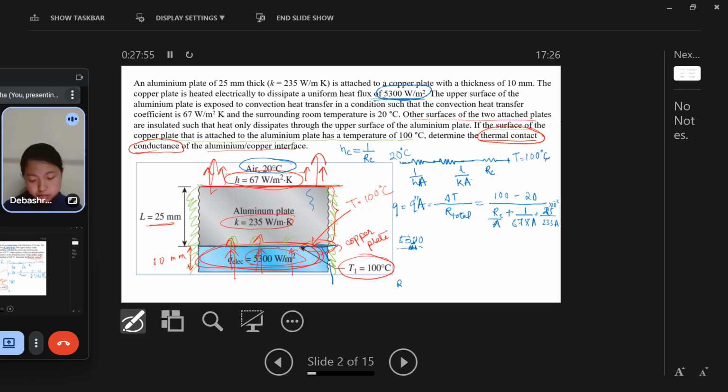Just convert it into meter, 25 into 10 to the power minus 3.